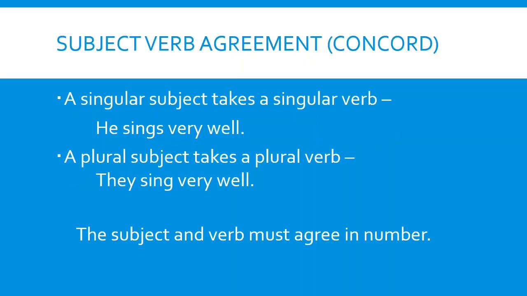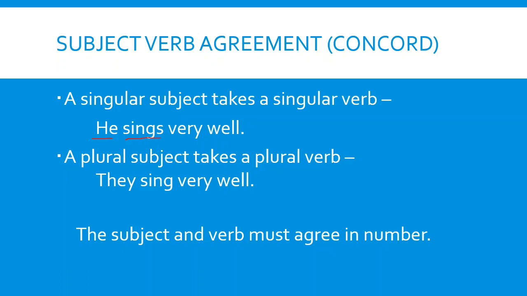Now, dear students, you may be aware that a singular subject takes a singular verb. You can see an example here. The singular subject, that is he, takes the singular verb, that is verb with s, in simple present tense. He sings. But a plural subject takes a plural verb.